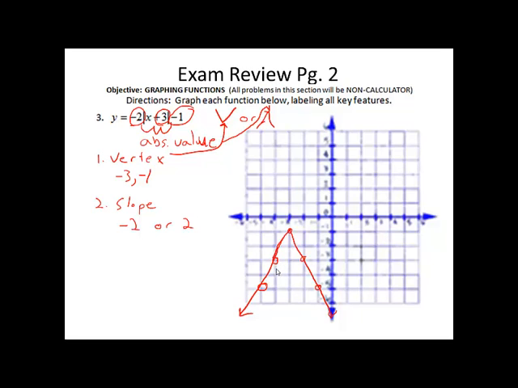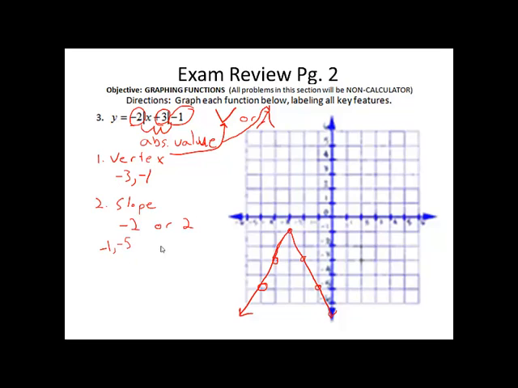Now let's take a couple of points and see if they work out with our function y equals negative 2 times the absolute value of x plus 3, minus 1. So let's take this point right here. We have negative 1, negative 2, negative 3, negative 4, negative 5. So we have a negative 5 in the y and a negative 1 in the x: negative 1 comma negative 5.